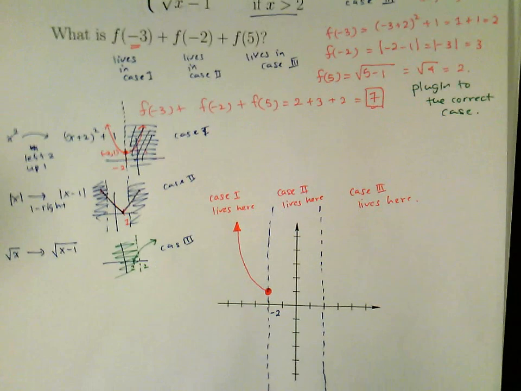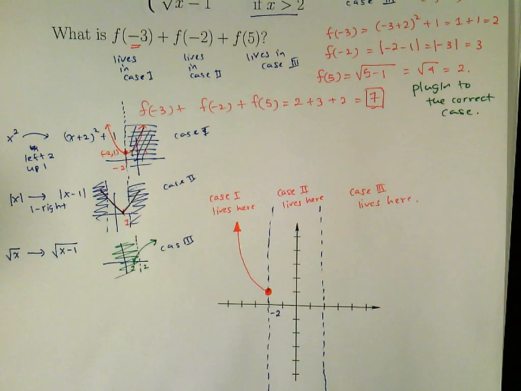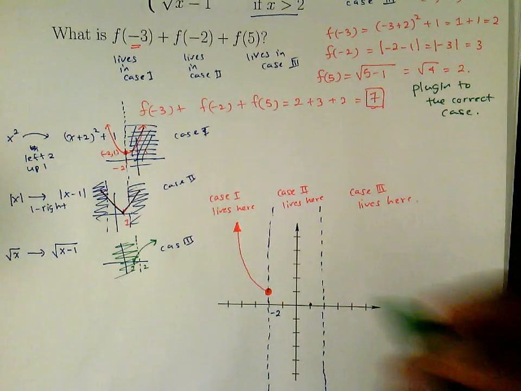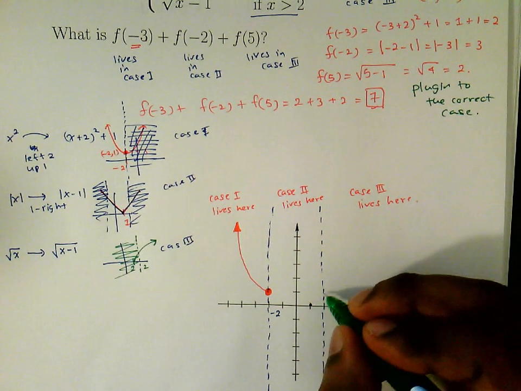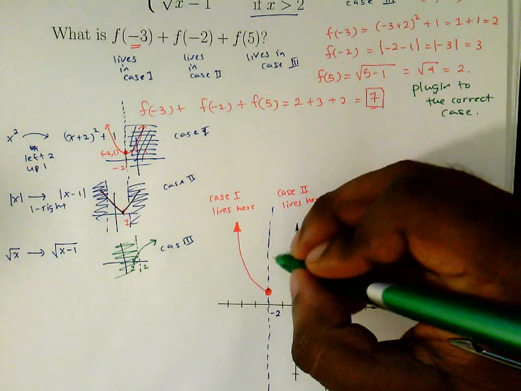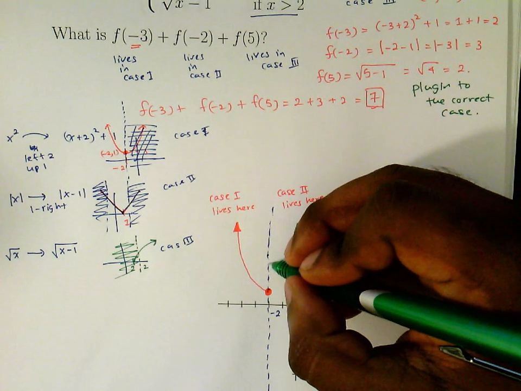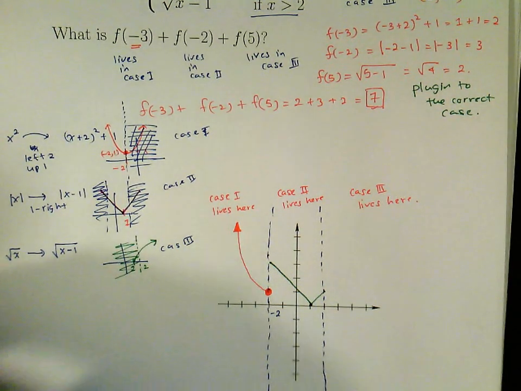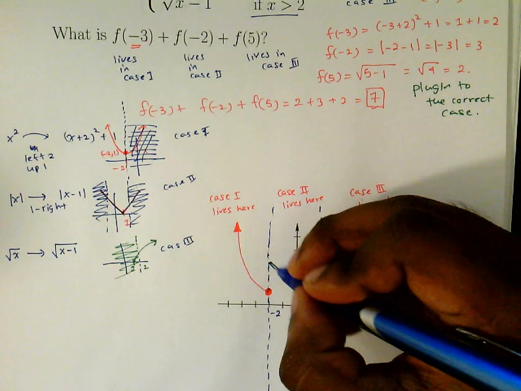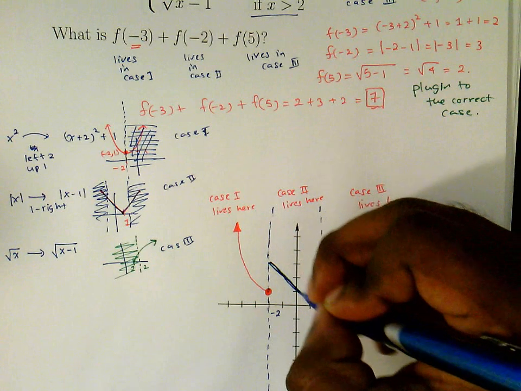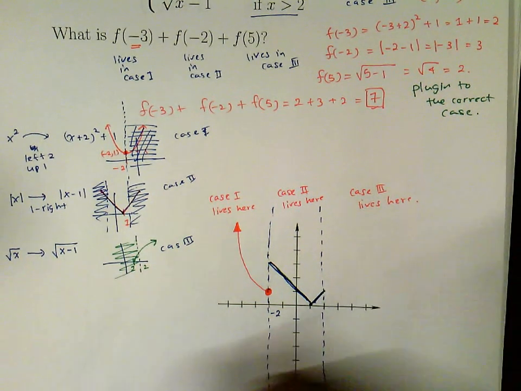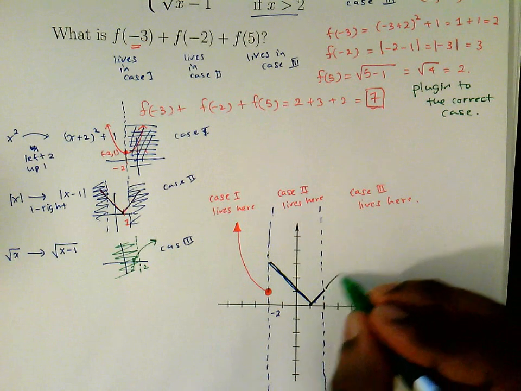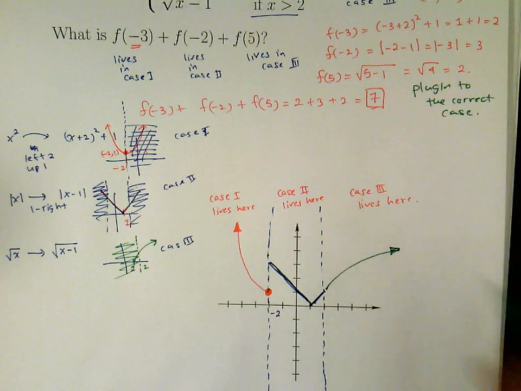And then the middle part goes to 1 and probably somewhere here, like that. Well, it should be in blue, so let's draw in blue. And the last part is the square root function part.